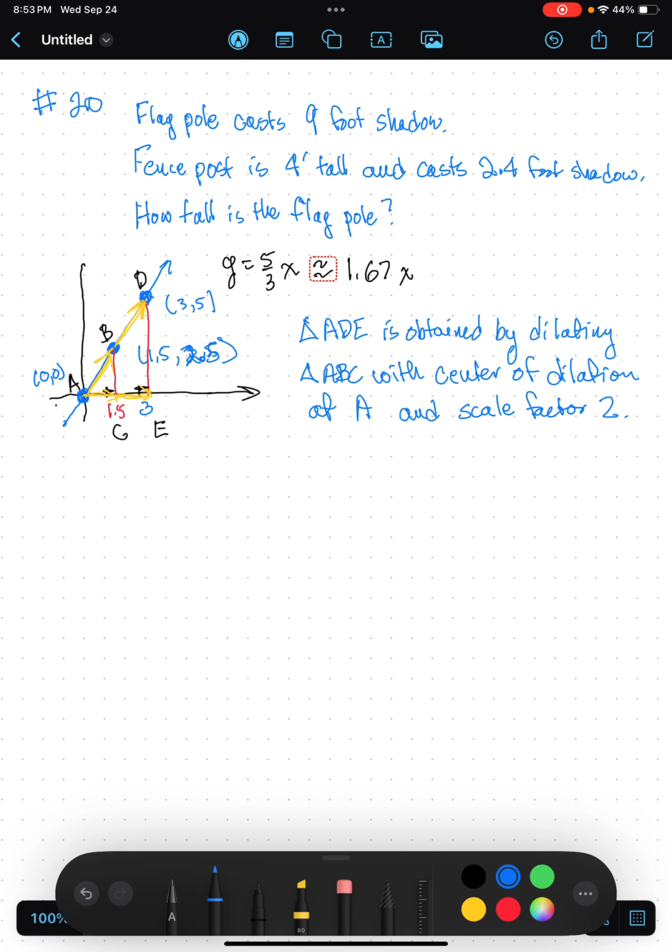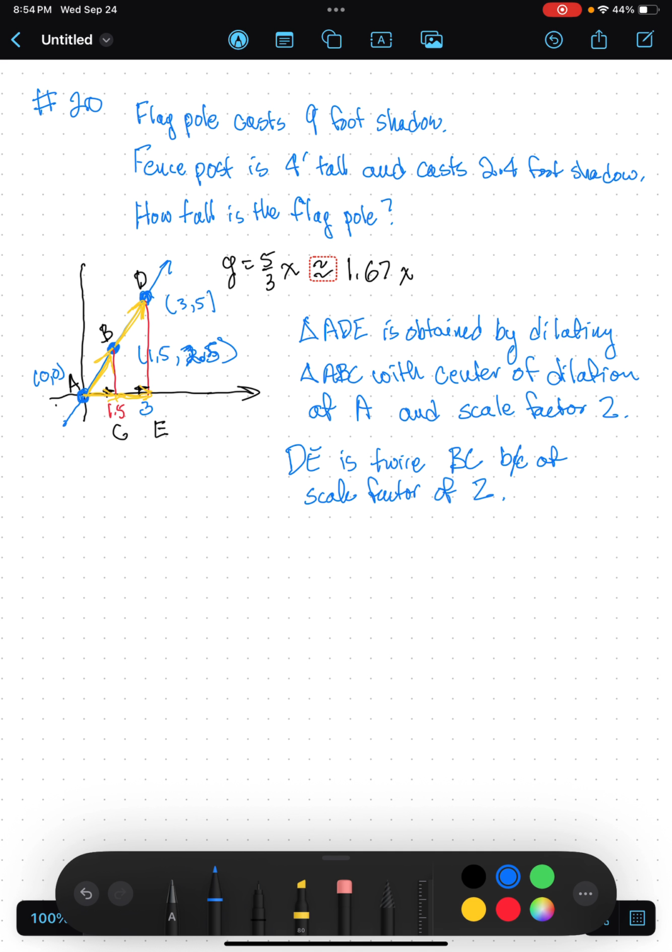So BC is 1/2 of DE, or DE is twice BC, because of the scale factor of 2 that we use with this dilation. That is what we also learned.